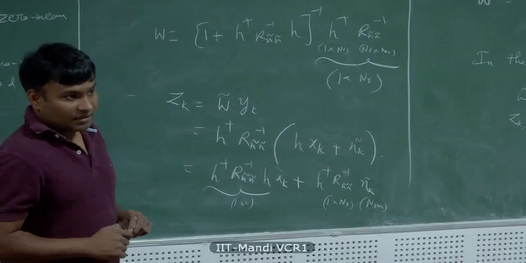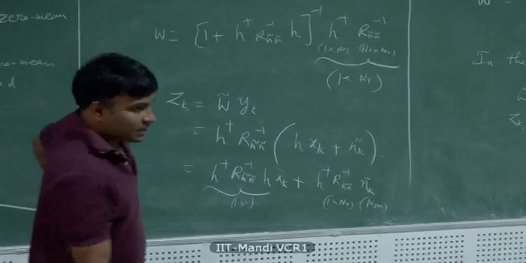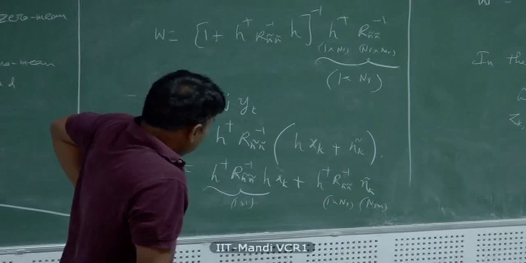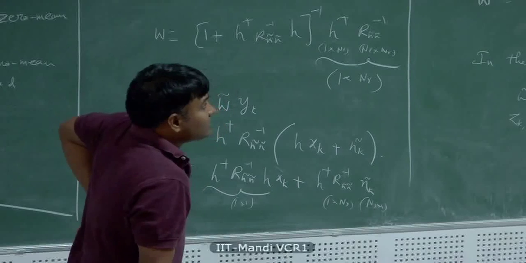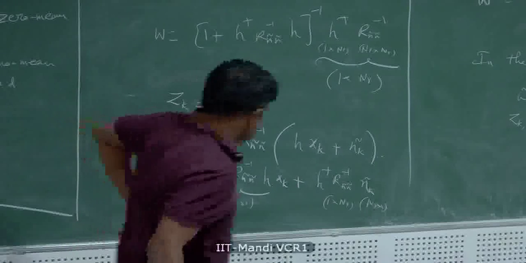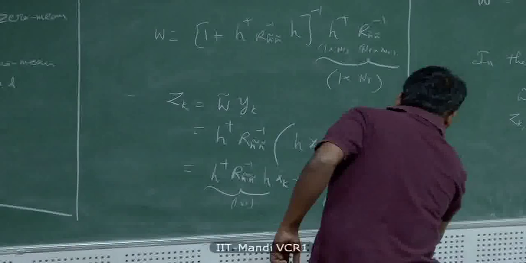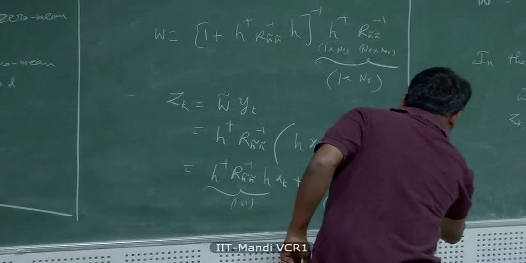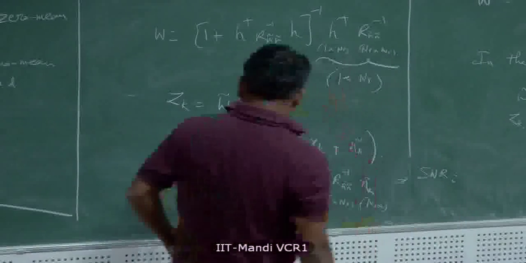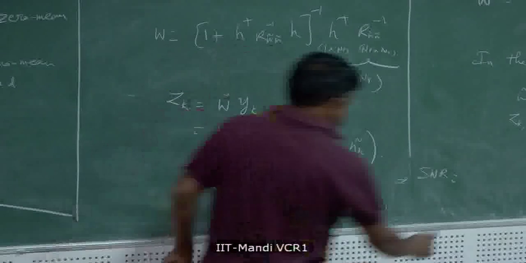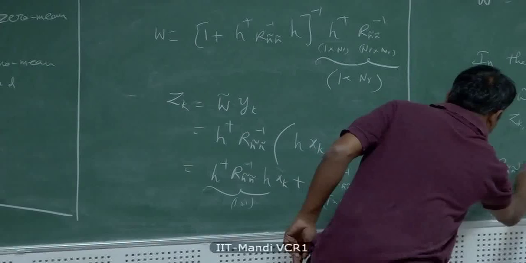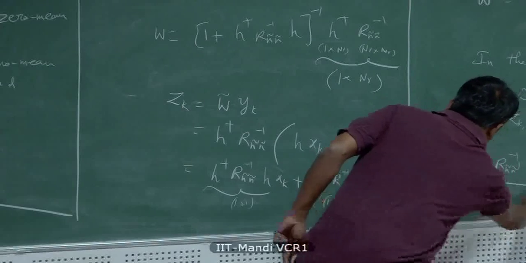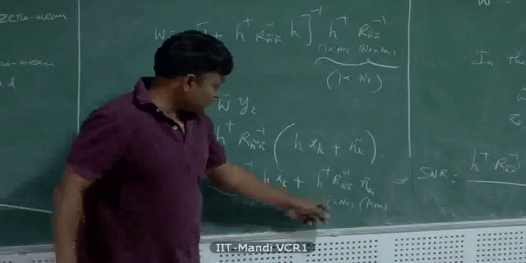Let's finish this. The signal to noise ratio on this would be, what time is it? It's 12:20, okay, we exceeded. The signal power is, can you tell me what is the noise power on this?